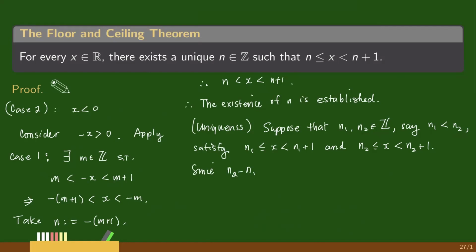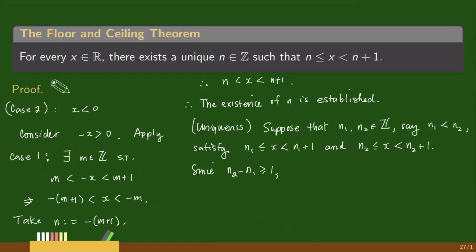Mga integer sila. Pagkatapos, mas malaki si n2. So, ibig sabihin si n2 minus n1 is a positive integer. Correct? Kaya ang smallest possible value ng n2 minus n1 ay 1. Okay? Tama ba? 1 ang smallest, kasi ang n1 at n2 parehas integer.